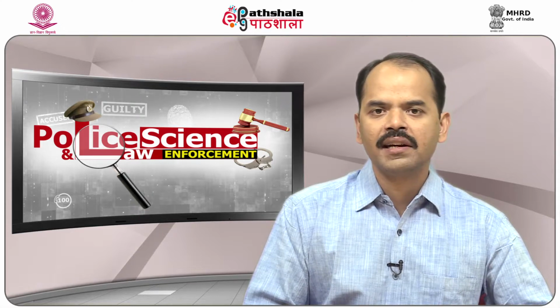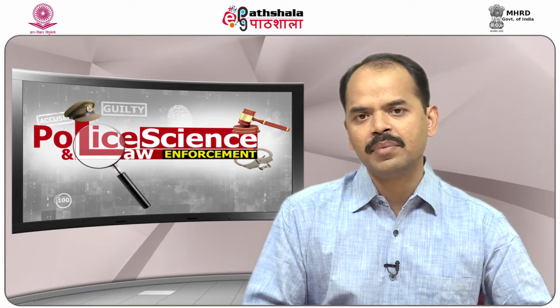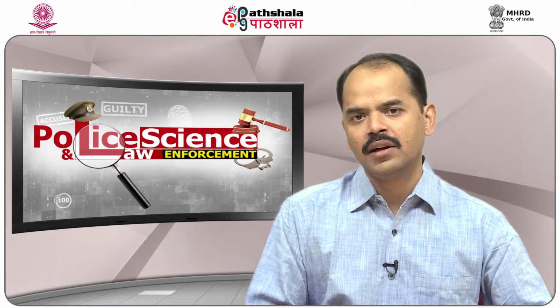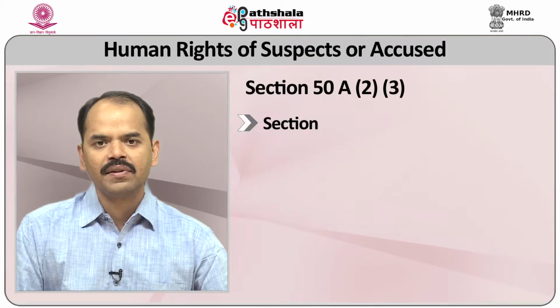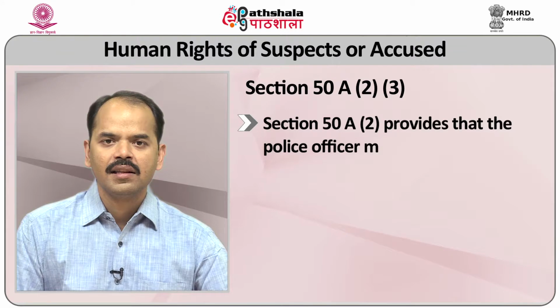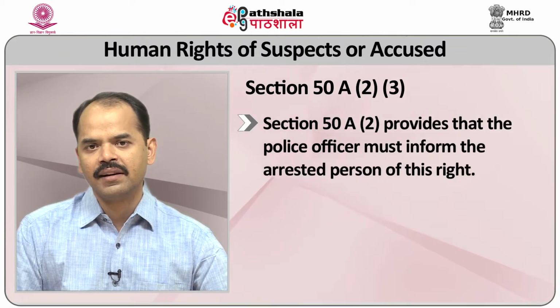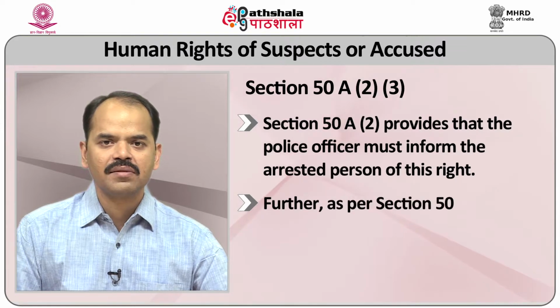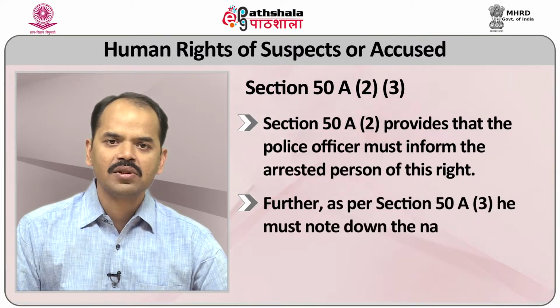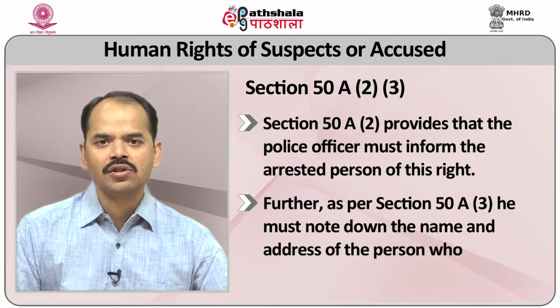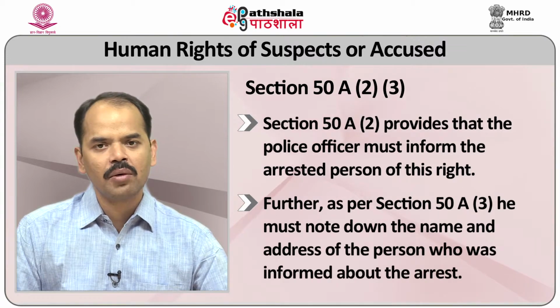These rules were later incorporated in CRPC under Section 50 in 2005. Section 50A provides that the police officer must inform the arrested person of this right. Further, as per Section 50A, he must note down the name and address of the person who was informed about the arrest.